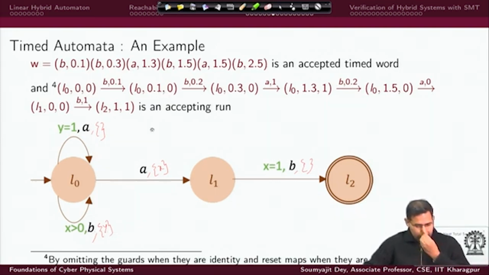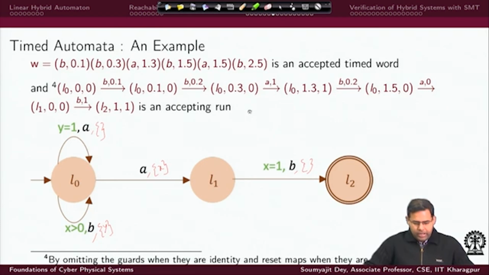Then after this transition, let us say you spend another 0.2 amount of time here, and then a B event comes again. With that B event, x will again climb up from 0.1 to 0.3, an addition of 0.2, but y is reset, so you are still here.